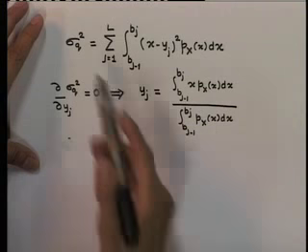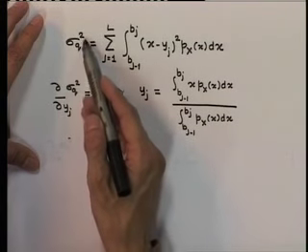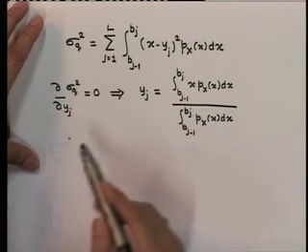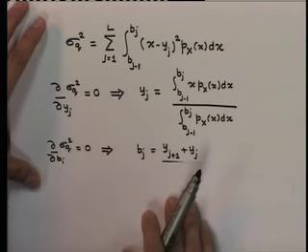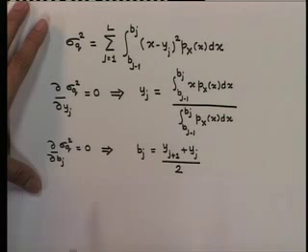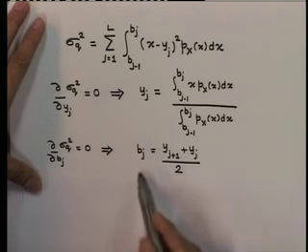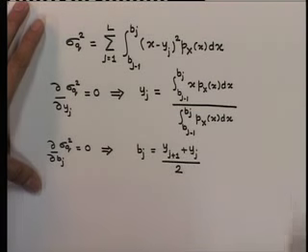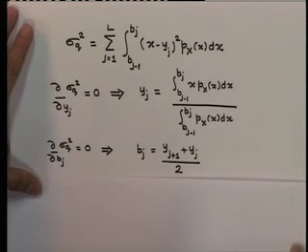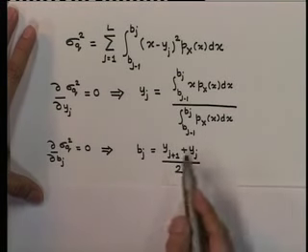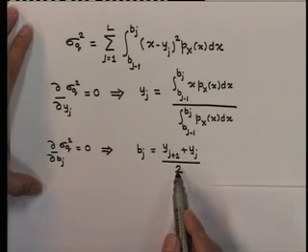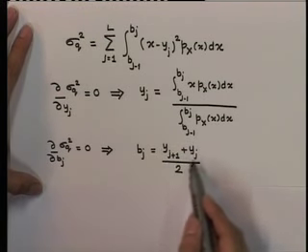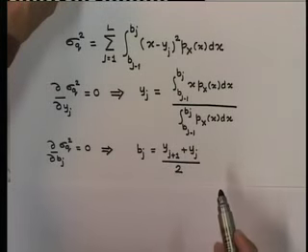Similarly, taking the derivative of mean square quantization error with respect to b_j and setting it equal to 0, we get an expression for b_j as follows. And this expression suggests that the decision boundary is simply the midpoint of the two neighboring reconstruction levels.